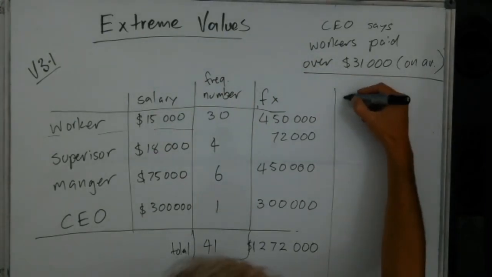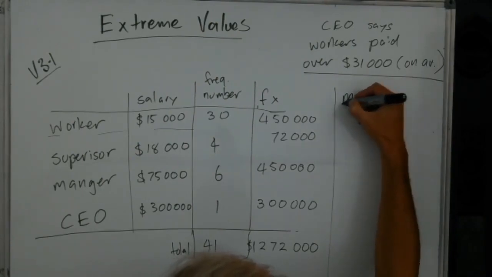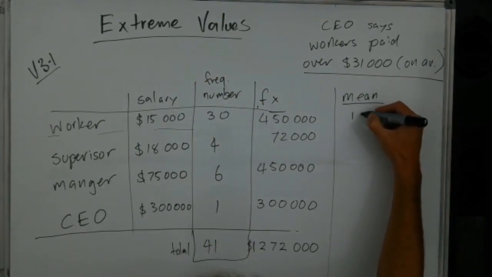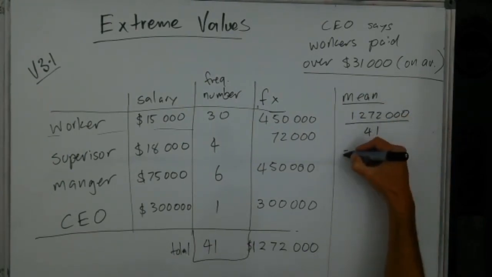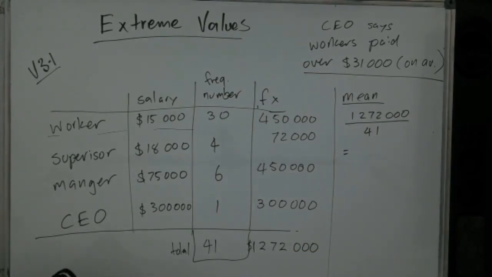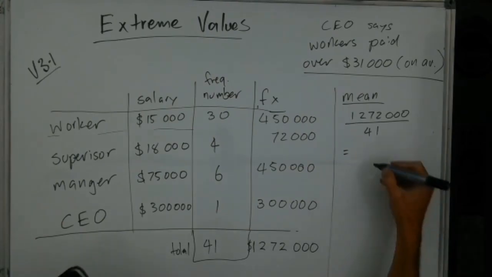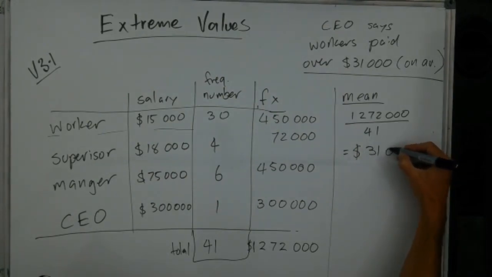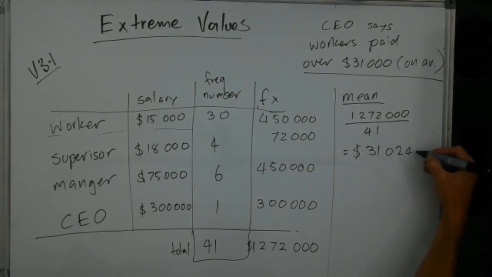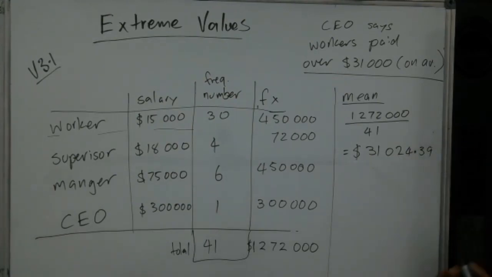So the mean is 1,272,000 divided by 41, which equals $31,024.39.